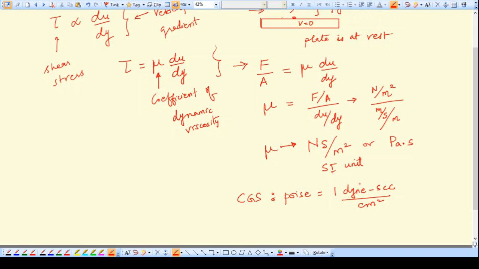This dyne is the unit of force in the CGS system. The relation between the SI unit and the CGS system is 1 Newton second per meter square is equal to 10 poise.